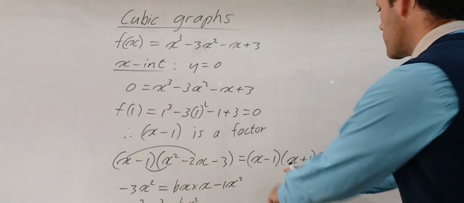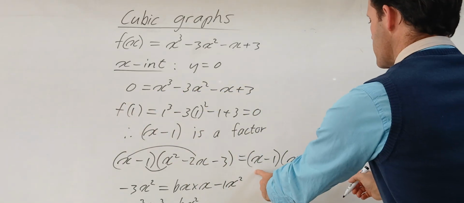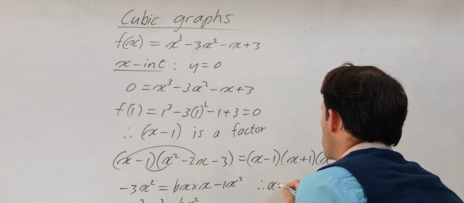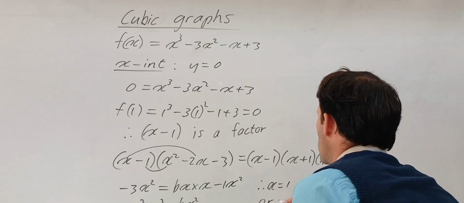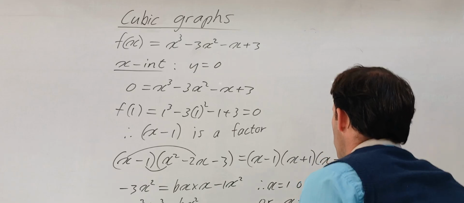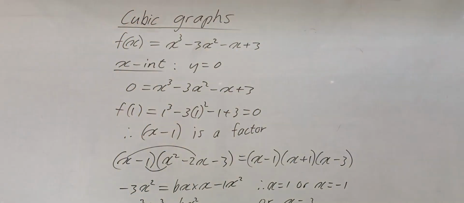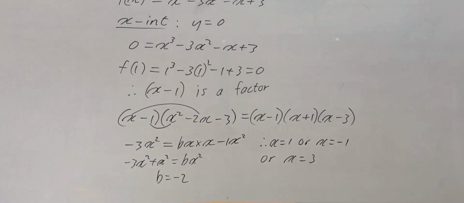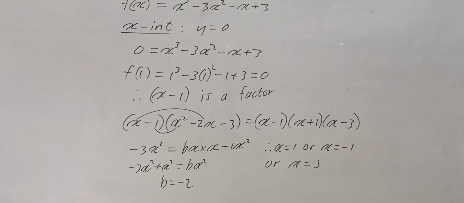And therefore, when you put this equal to 0, x will be equal to 1, or x will be equal to negative 1, or x will be equal to 3. There's my 3 x-intercepts. So I found my 3 x-intercepts. Okay, that's the first step, to find your x-intercepts.